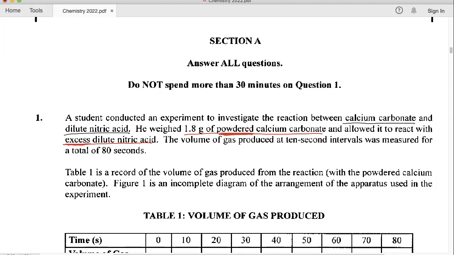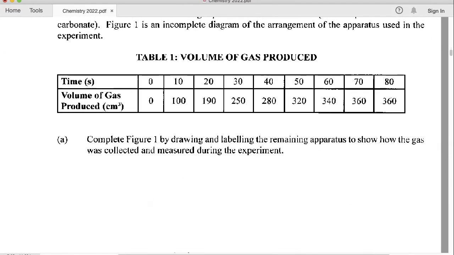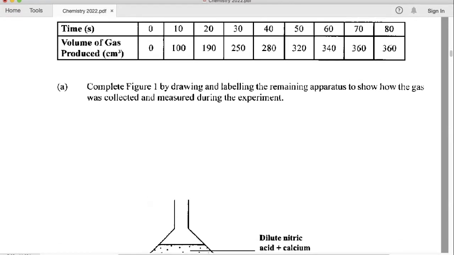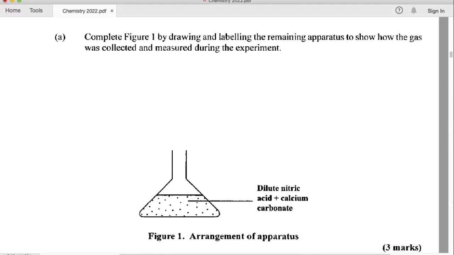Table 1 is a record of the volume of gas produced from the reaction. That's with the powdered calcium carbonate. Figure 1 is an incomplete diagram of the arrangement of the apparatus used in the experiment. And we're going to be coming back to table 1 in a little while. So we are asked now to complete figure 1.